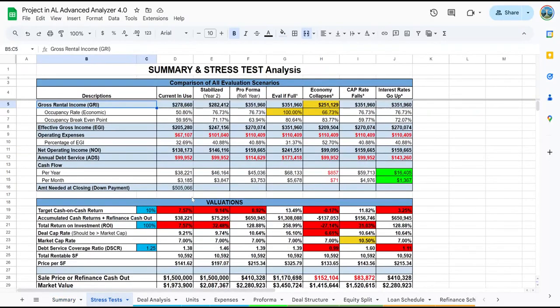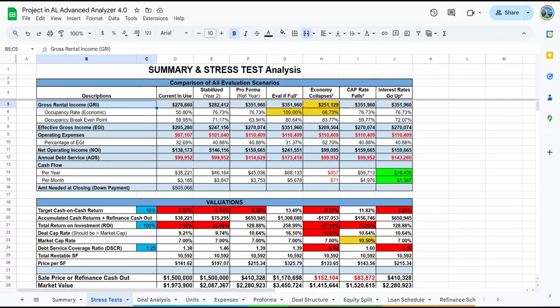And the main focus you'll be looking at is these upper two sections: the comparison of all evaluation scenarios and all the valuations. Over here you can see it brings in all the main numbers that you're going to be needing to compare once the economic situations change.